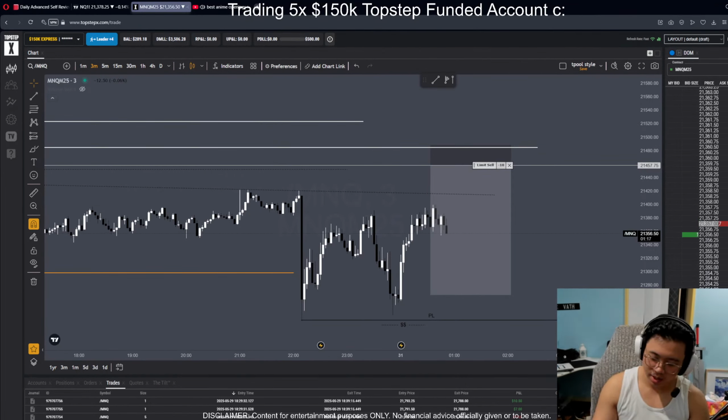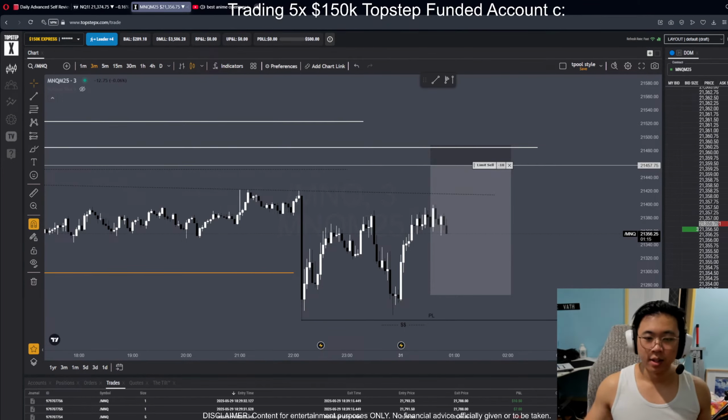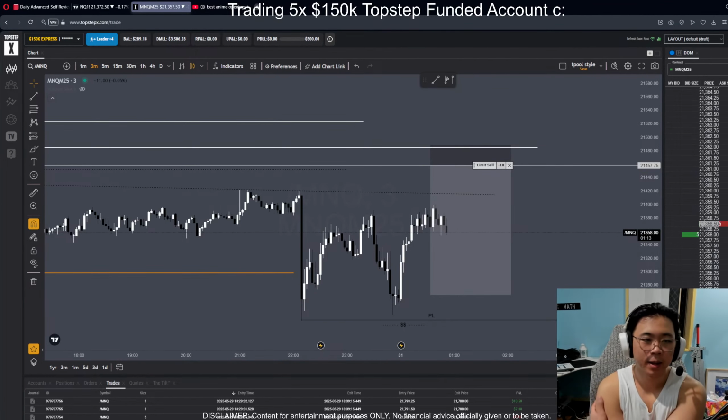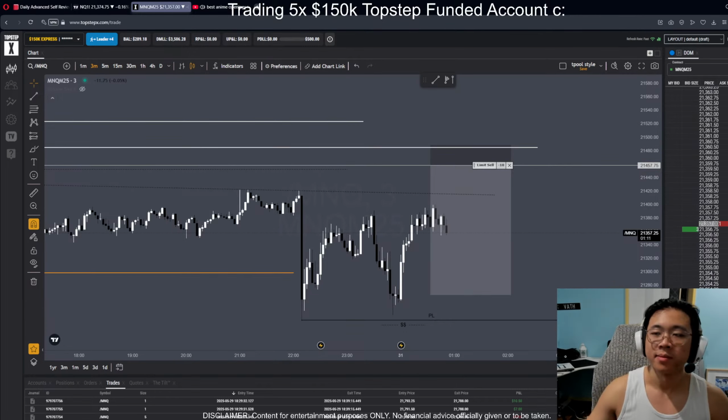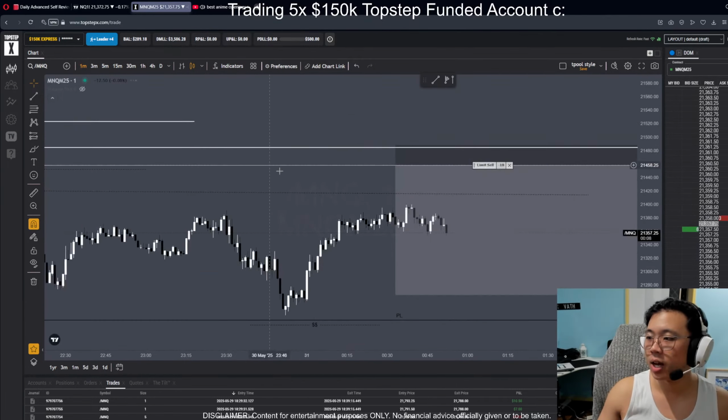There it is. Oh, it's fucking cold. Oh, I'm just starting to get chilly.